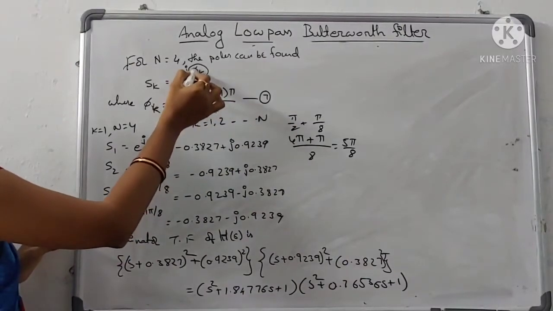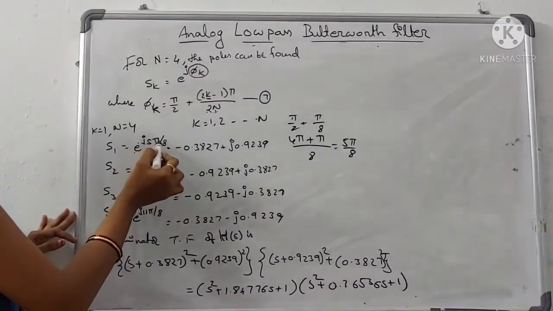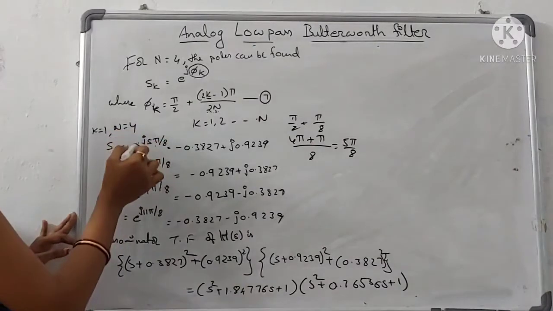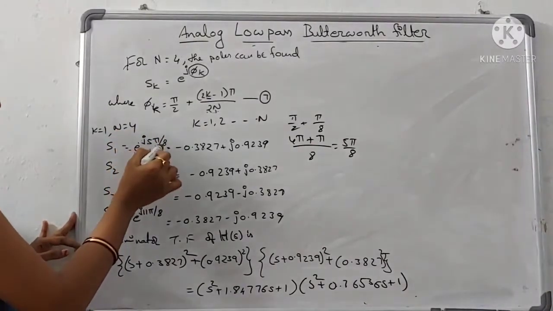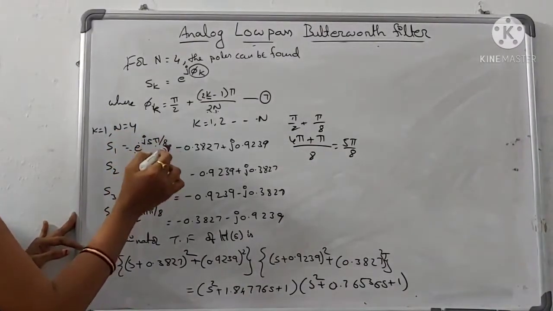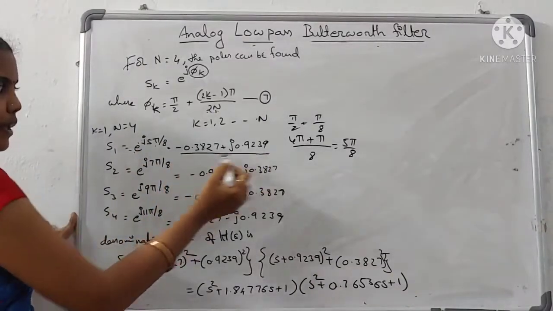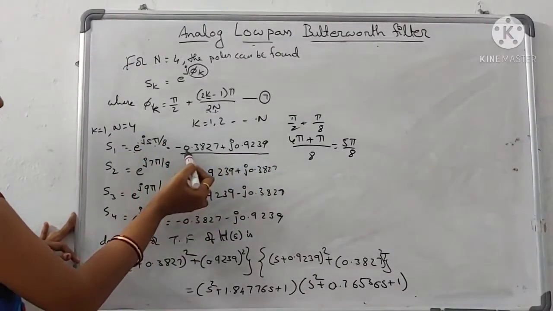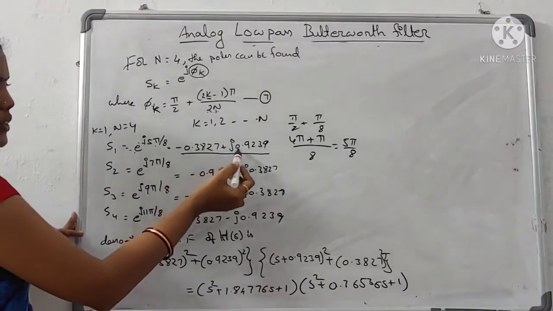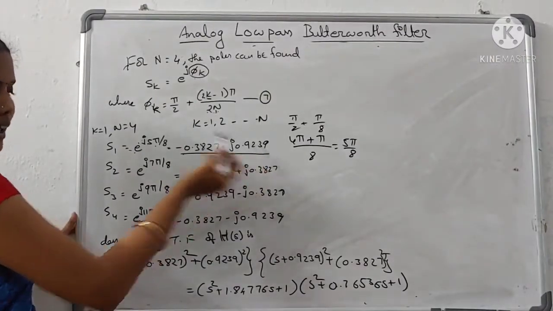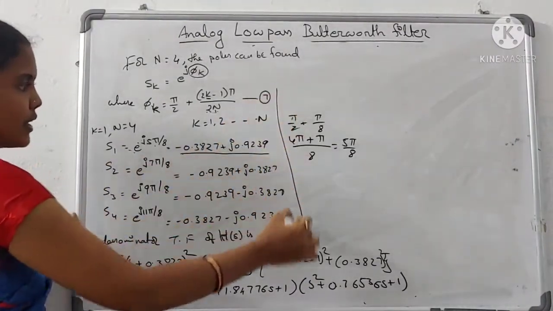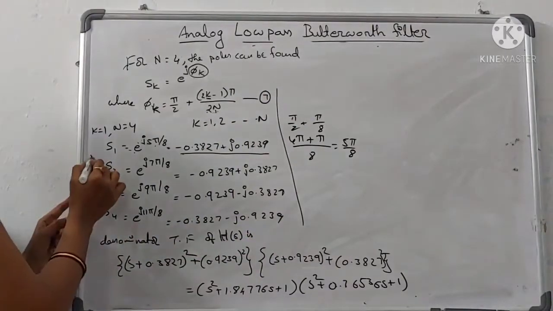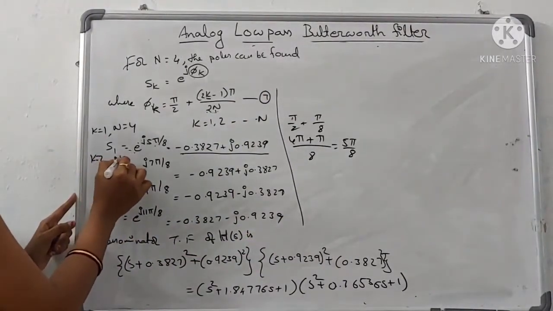Substitute here e power j 5 pi by 8. Now this can be written as cos 5 pi by 8 plus j sin 5 pi by 8. Here the values are minus 0.3827 plus j 0.9239. Okay, so in the same way for k is equal to 2, n is equal to 4.